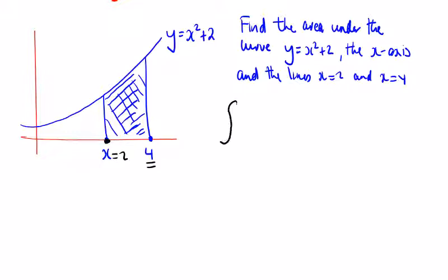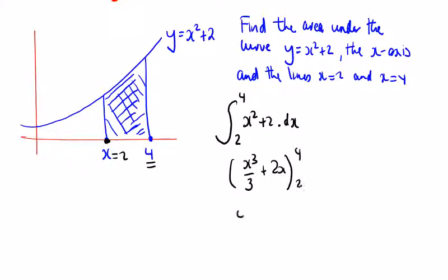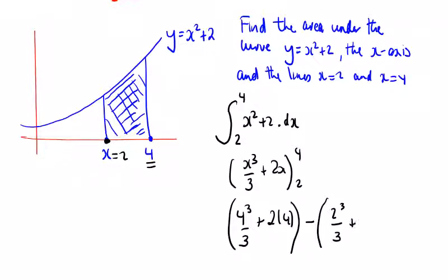So we're going to integrate between 4 and 2, x squared plus 2 dx. So we're going to get x cubed over 3 plus 2x between 4 and 2. So we're going to get 4 cubed over 3 plus 2 times 4 minus 2 cubed over 3 plus 2 times 2.